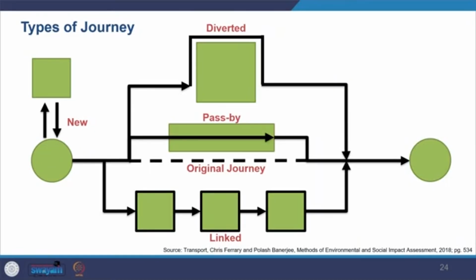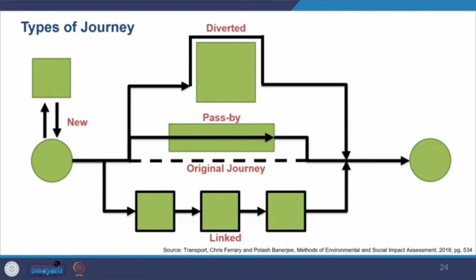What do we really mean by new trips? New trips are those trips that did not occur anywhere else on the transportation network. You're generating new trips because of whatever development is happening in your place. You are creating people to move from one place to another. So you're generating new trips in that particular network. That is called new trips.